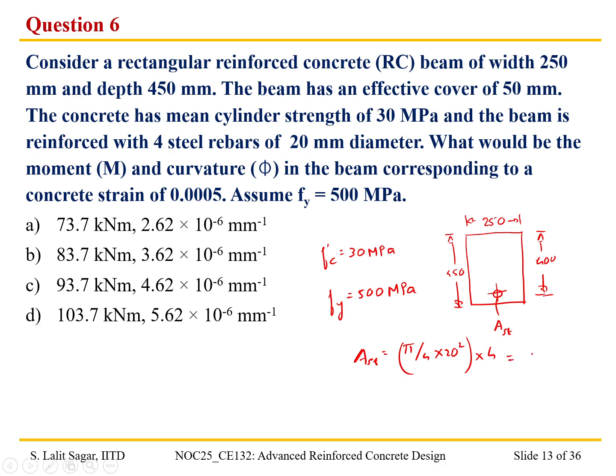That would be, AST is 1256.64 mm square.